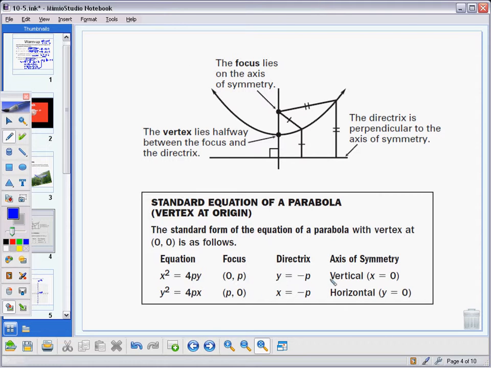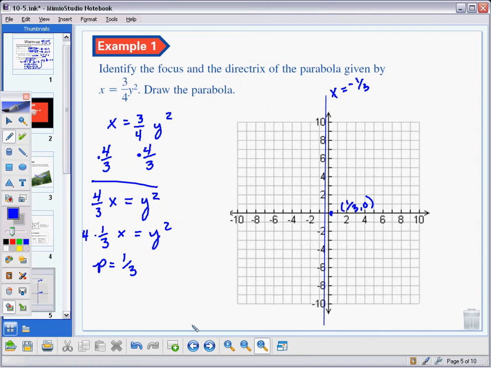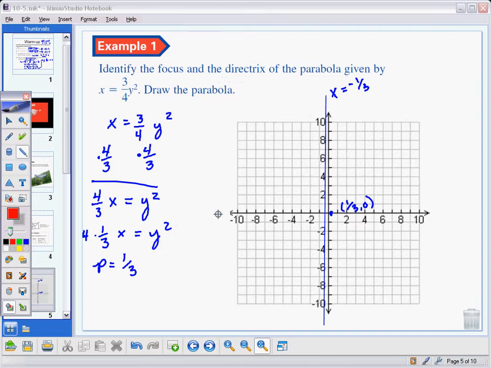Going back here, I also get my axis of symmetry, which happens at y equals 0. Okay, so y equals 0 will be my axis of symmetry. I'll go ahead and put that in there.